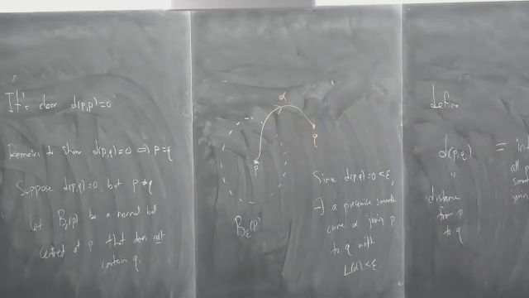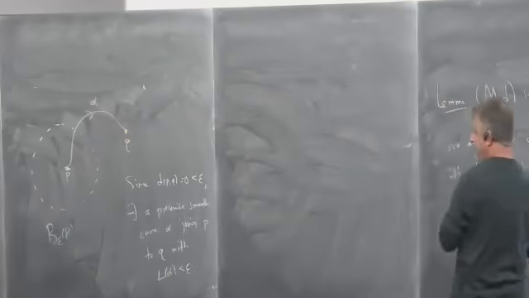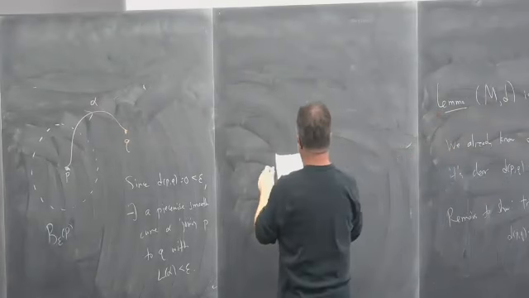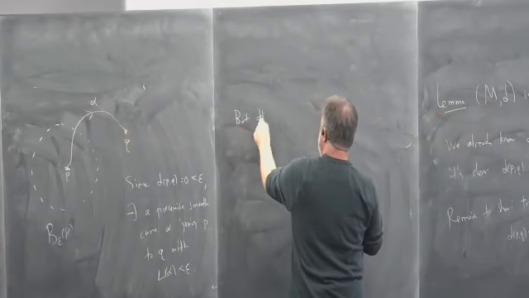Right? Because the distance is the inf over all such lengths. And since the inf is 0, for any positive number, I can find a curve whose length is less than that.